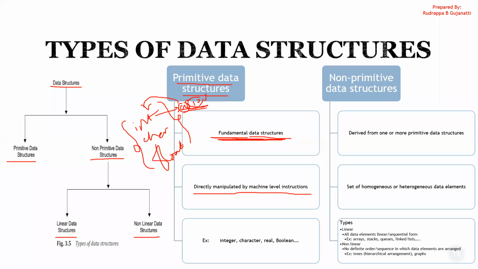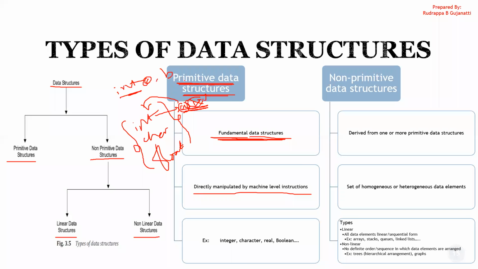But in the primitive case, a single element is present. We are not talking about arrays here. I'll just say int A. So A, that is integer, we are classifying as a primitive data structure.